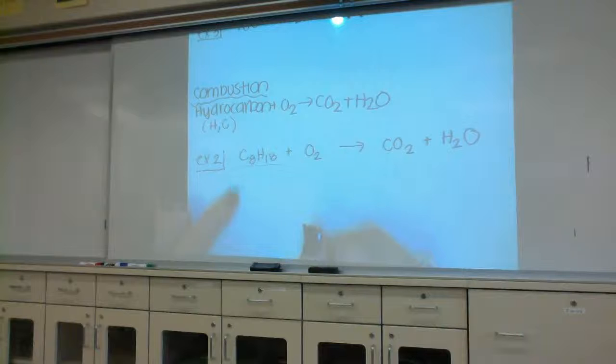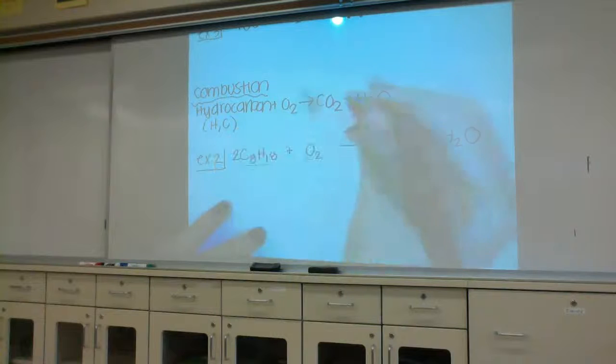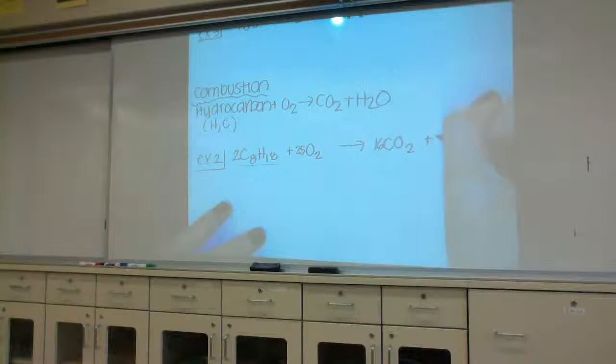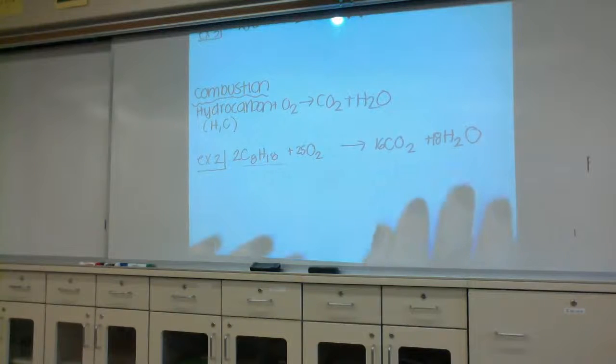So if I were to try that, I would find out that it wouldn't work and that I'd need to multiply actually everything by 2. So in the end, your final answer would be 2, this is 25, 16, and this is 18, I believe. I'm giving that to you, but all you really have to do for this is copy O2 produces CO2 and H2O and then balance. Okay?